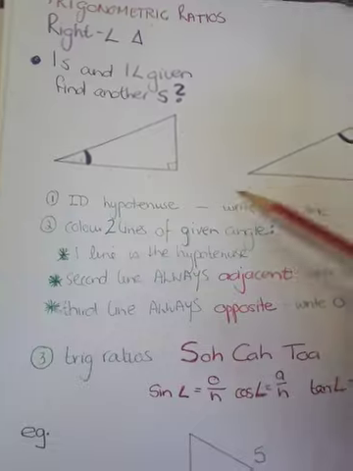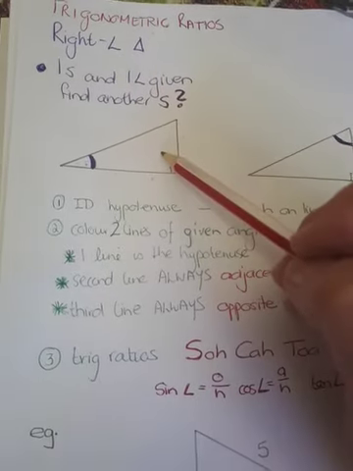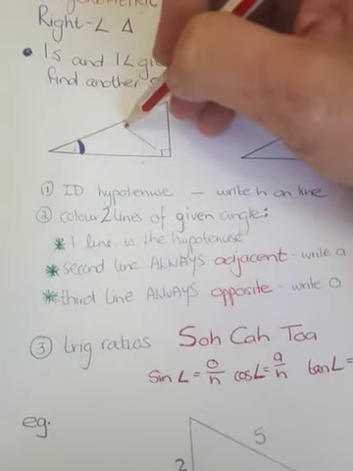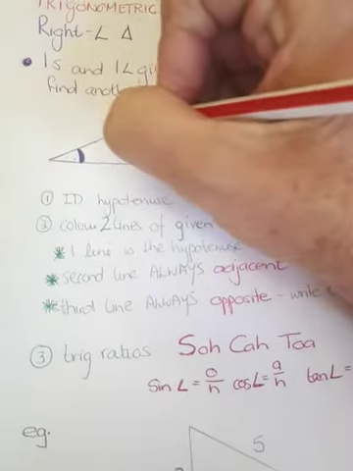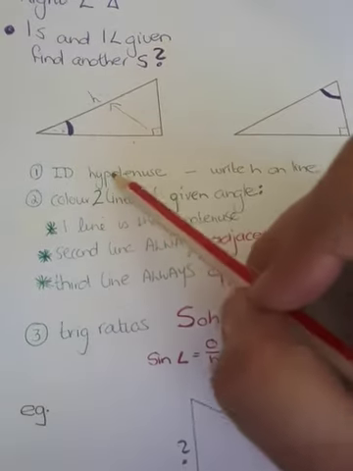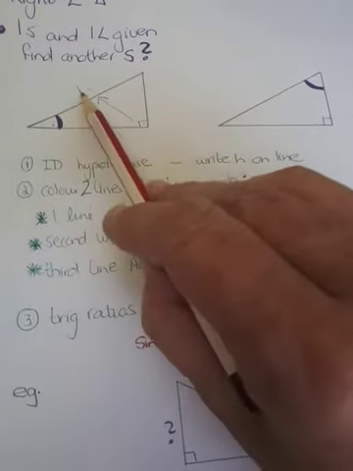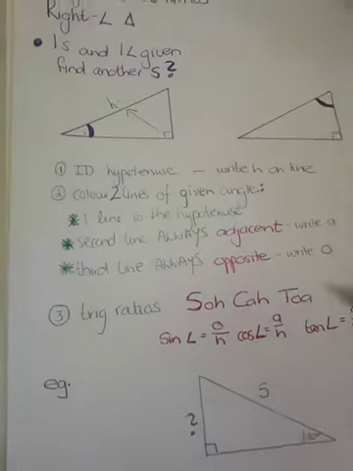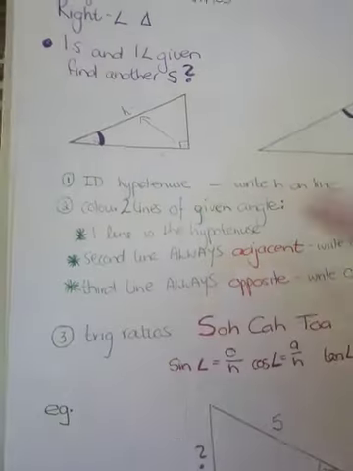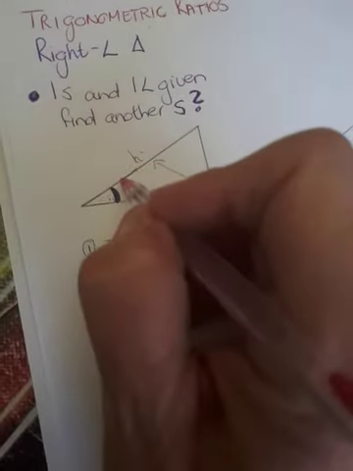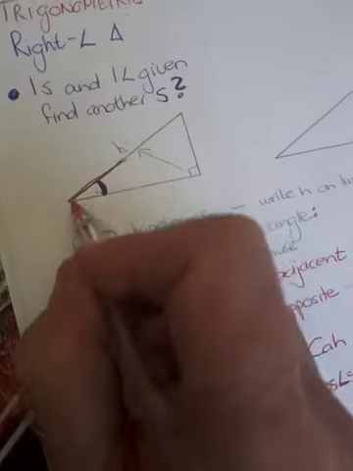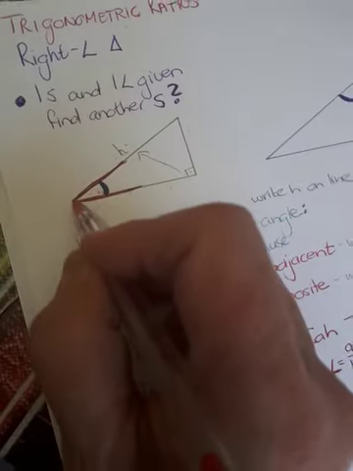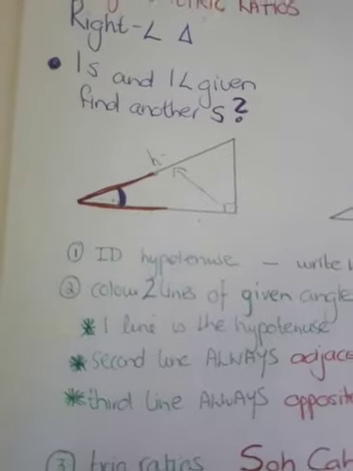All right, number one, people, we are starting with a right-angled triangle, okay? And remember I told you, in a right-angled triangle, in step one, always identify the hypotenuse. That's the first one, and we will write that down as an H. Now, because an angle is involved, in step two, you are going to color the lines that make up that angle, the two lines that actually make up the vertex where the two lines meet.